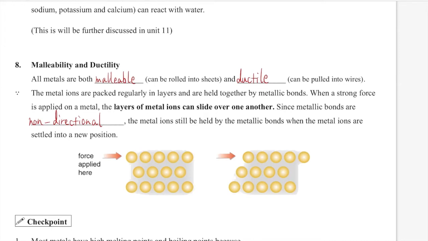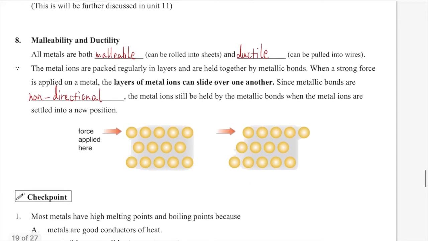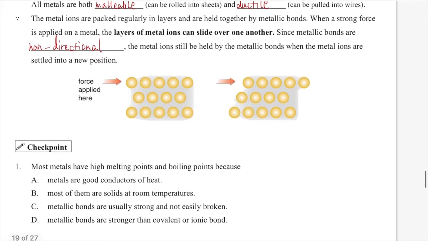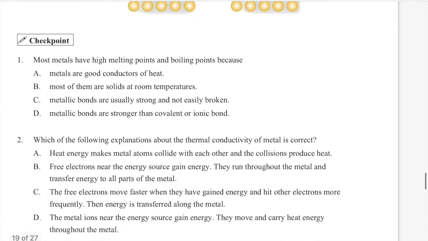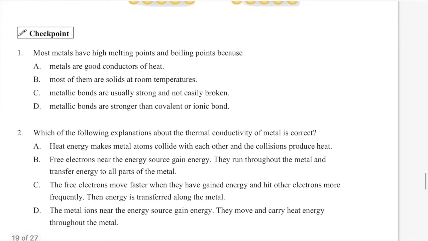During this process, we didn't break the metallic bonds. The metallic bonds just reformed instantaneously, so they can still hold the structure like before. These are the 8 properties you need to remember for metals. You may now pause the video and quickly attempt the checkpoint questions.